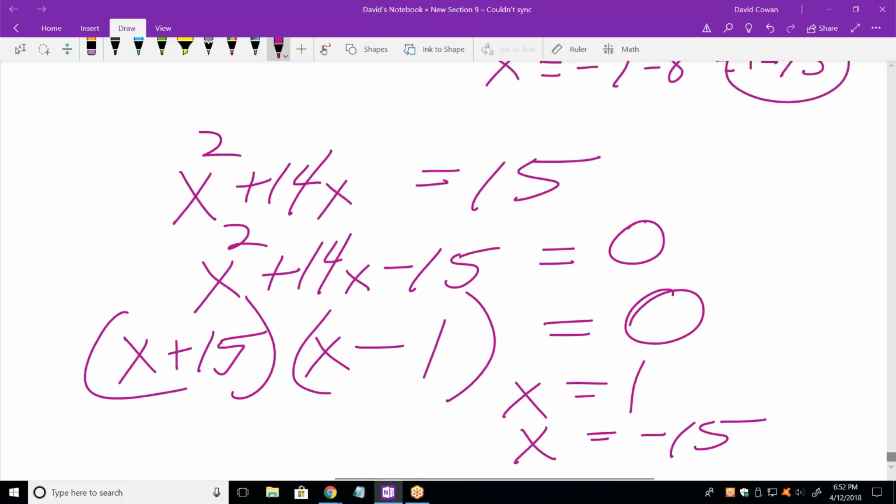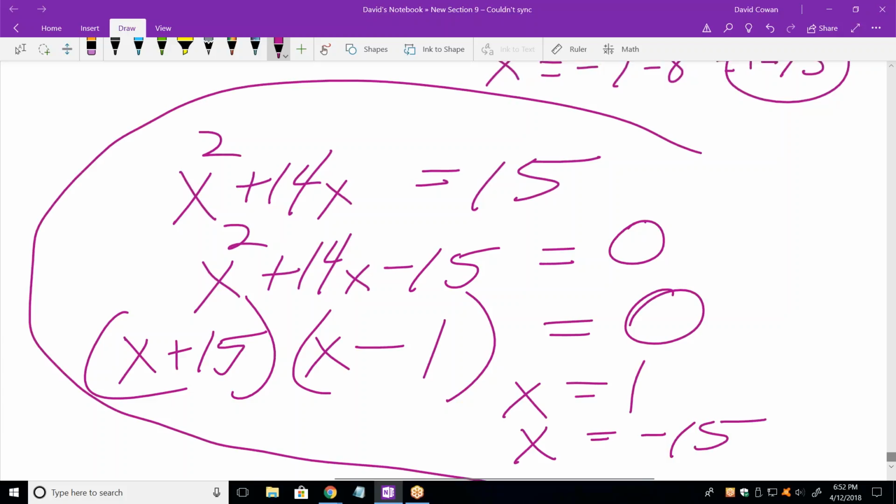So far easier to just factor it to solve it, except for the fact that they said solve it by completing the square. Now, if I make that number, say, 17 instead of 15, now I'm not going to be able to factor it. When I move that 17 over to the other side, there are no factors.